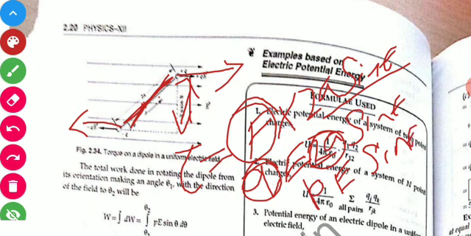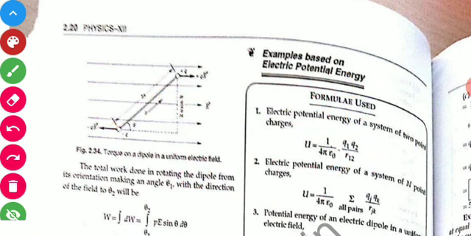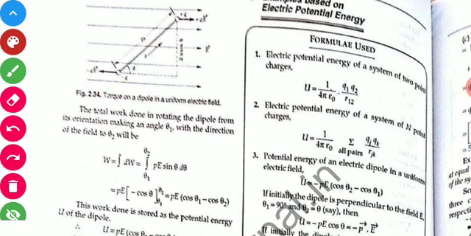So, students, now the work done in rotating the dipole can be calculated by integrating the torque. So, we know that W is equal to integral of PE sin theta d theta, where PE sin theta is the torque.